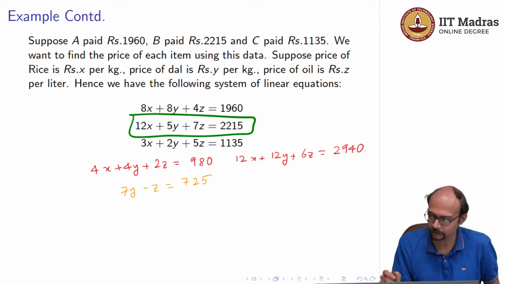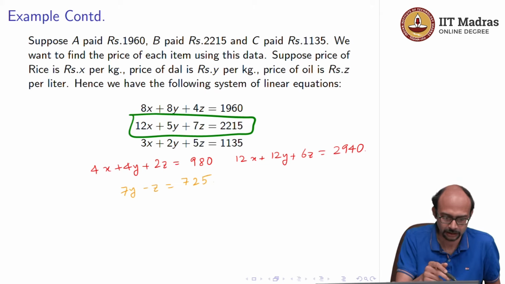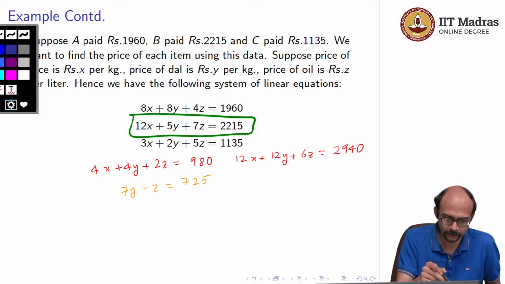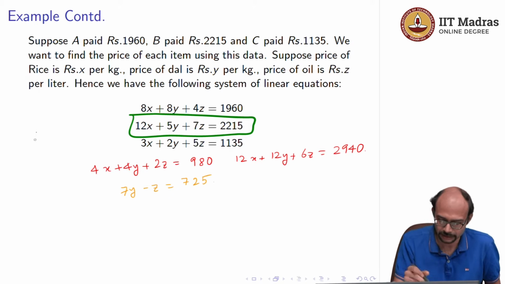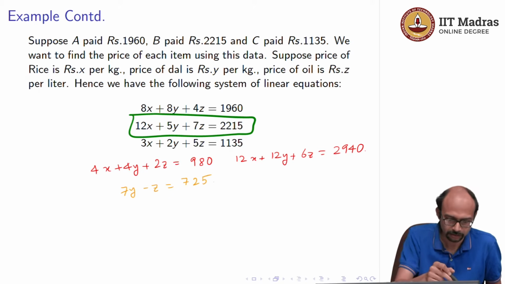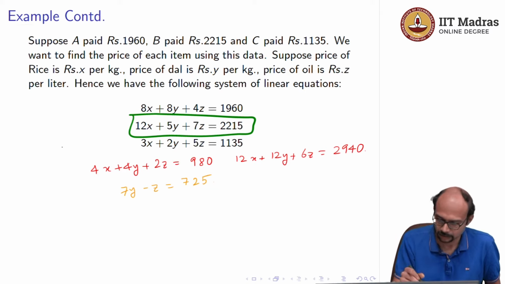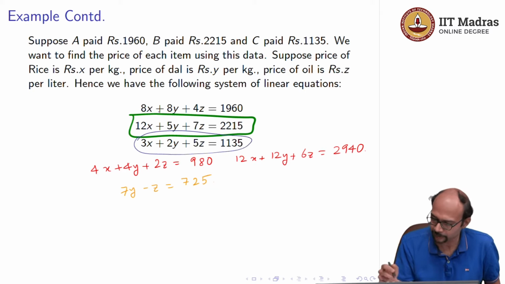Now similarly for the third equation, we can multiply the third equation by 4 so that we get a 12x.